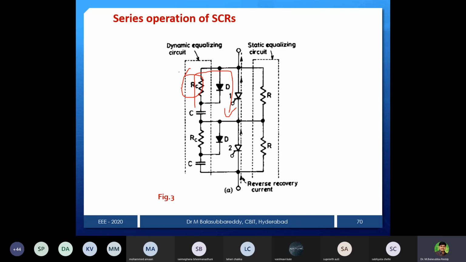Now another one, we can see that in parallel with that RC we are using a diode. Why do we need to connect the diode across the resistor? Suppose the diode is not there, what is our function? One thing is, during the off state, that means when the SCR is off, the capacitor will charge like this.